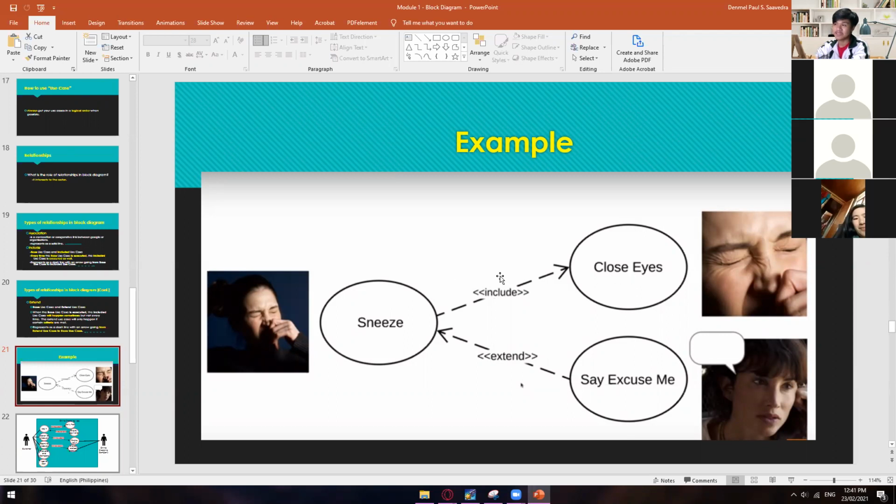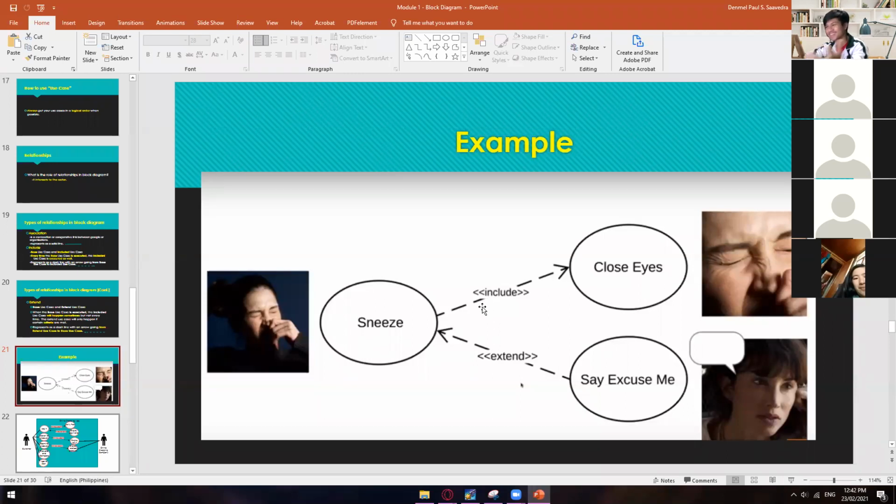So if there is, this one is already a big bummer. Wala naman. Pag siguro, pag pinurse mo, okay, pero hindi natural. Yeah. So that is why this one is included. So once you sneeze, it's mandatory that you will close your eyes, okay, without even realizing it.